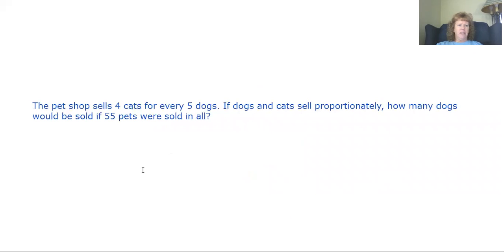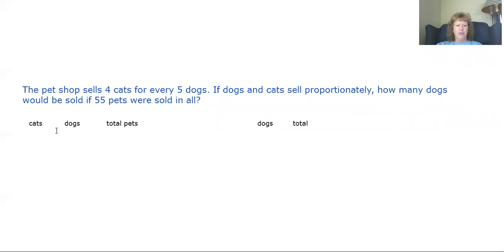The pet shop sells 4 cats for every 5 dogs. If dogs and cats are sold proportionally, how many dogs would be sold if 55 pets were sold in all? Again, pause here and write out this problem, and then we'll come back and solve it. Here I've made some notes for the amount of cats and dogs and the total pets.